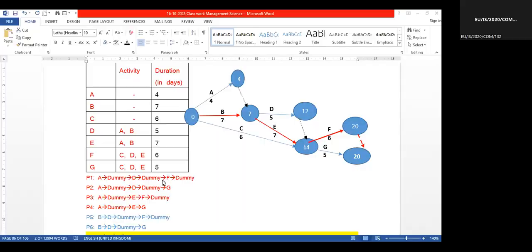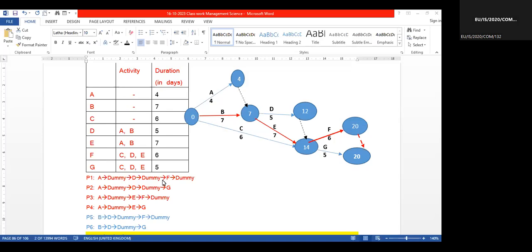Students, out of all these 7 activities, how many are critical? Three, sir. How many activities are non-critical activities? Four, sir.